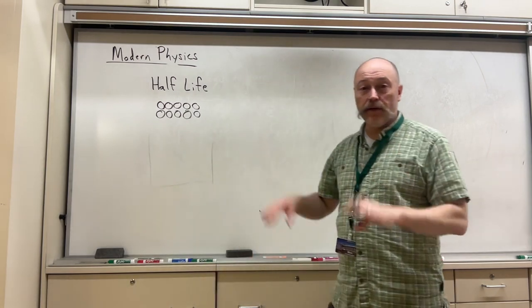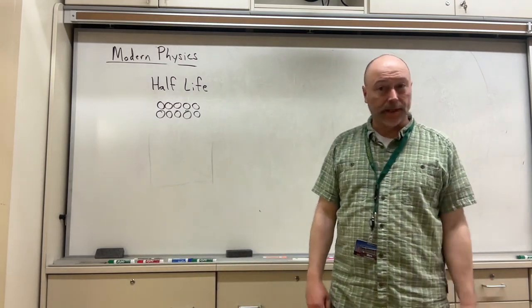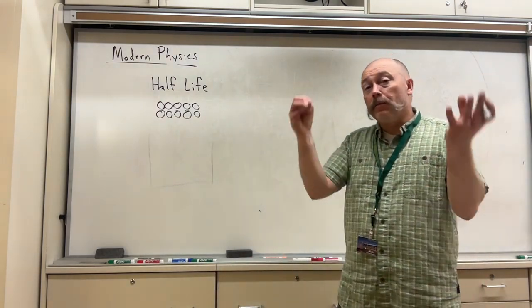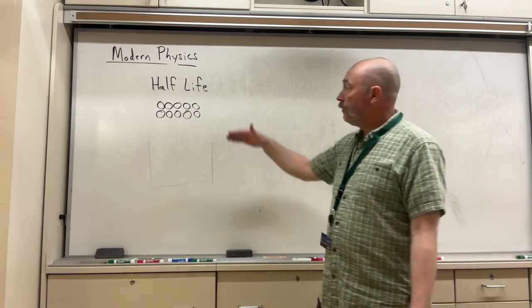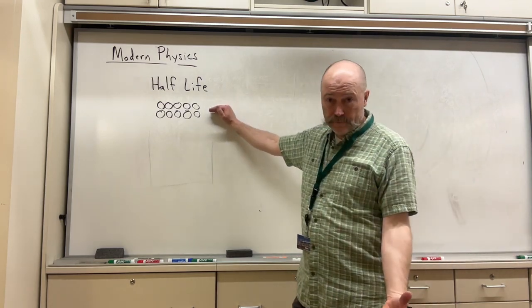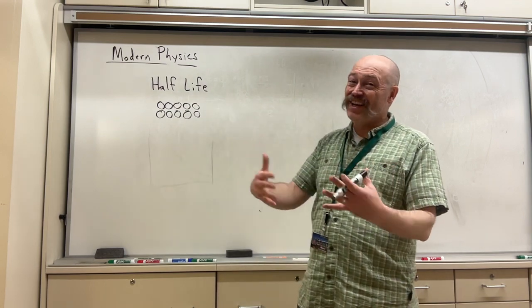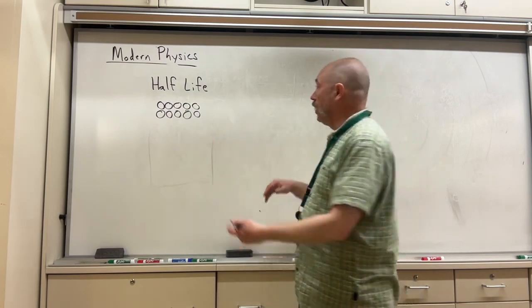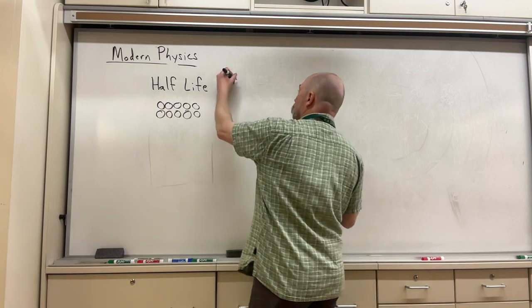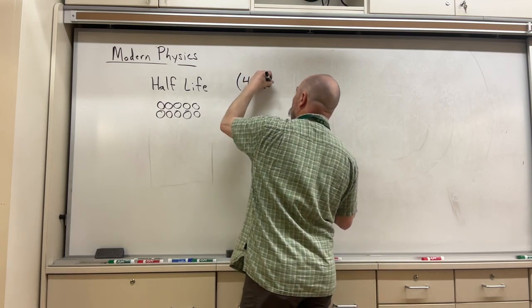I have 10 radioactive nuclei, okay? Half-life is the amount of time it takes for half of these to decay, okay? So if the half-life is, let's say, 4 days.